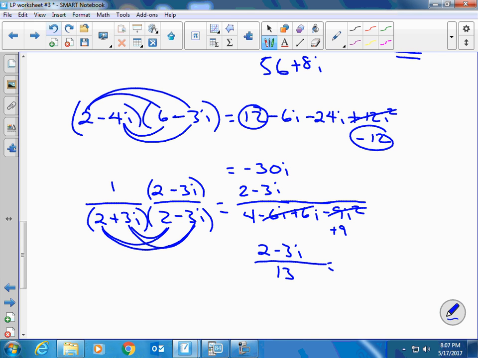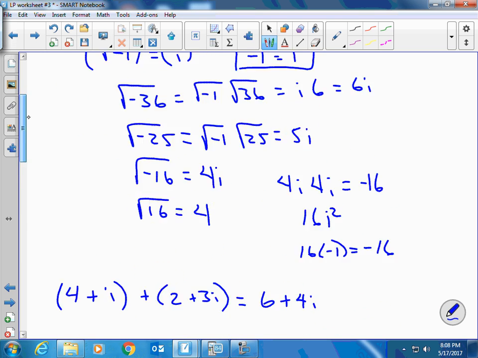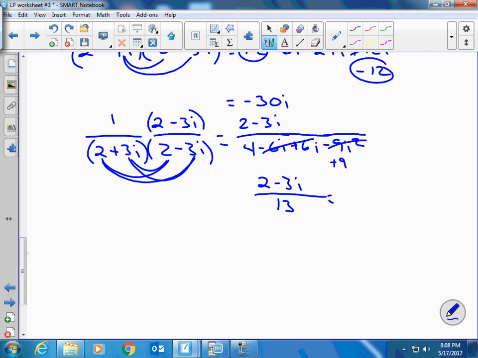Most questions and most textbooks will ask you to write that in standard complex number form. Remember what that was? Oh, I think I erased it. Standard complex number form was a plus bi: the real part, a, and the imaginary part, bi. So let's split this fraction into the two parts. Well, remember back from fractions, I can simply rewrite that as 2 over 13 minus 3i over 13.